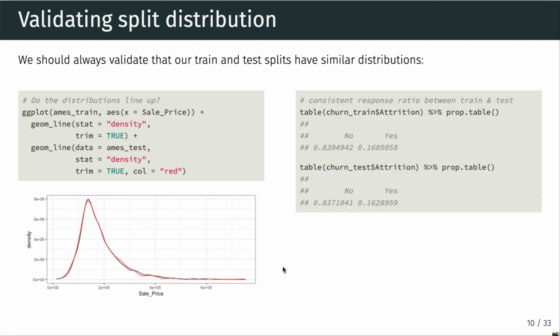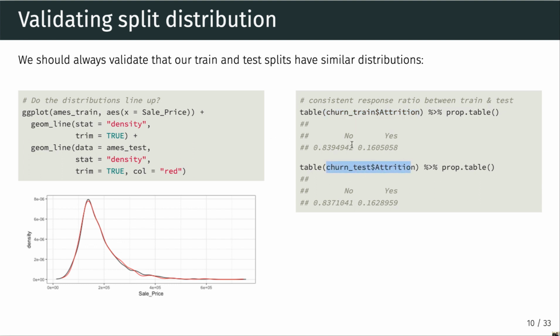Now, in a classification model, what we care about is the ratio or the proportion of the responses. Attrition is binary, where it's either yes or no. Those are the two options for the response variable. We want to make sure that the proportion of yeses and nos are similar in both the training data and the test data.